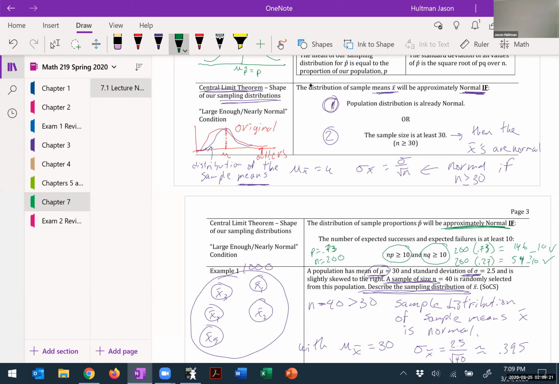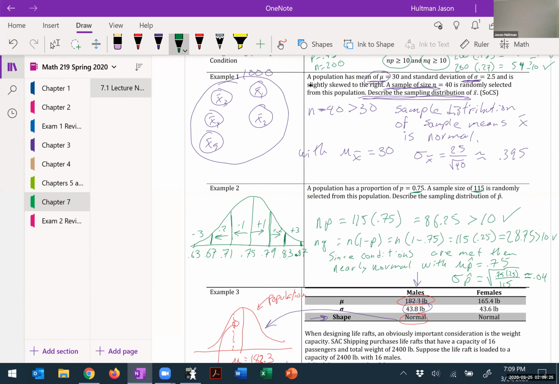Even if we wanted to find the probability of something happening, we can't do it if the sample size isn't big enough. Hopefully that answers your question. I don't know if that was your question or not.